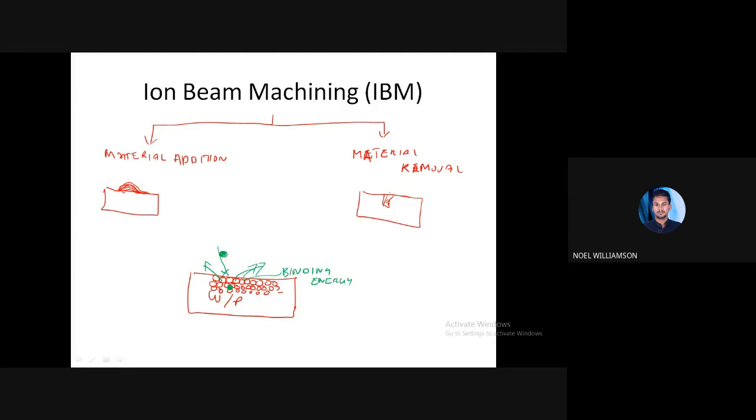In the first chance, suppose one atom is approaching here, and while hitting, say 4 to 10 atoms are removed. Then in effect, the difference is that if 10 atoms are moving, there will be 9 atoms fewer in the workpiece. So what happens here is material removal.